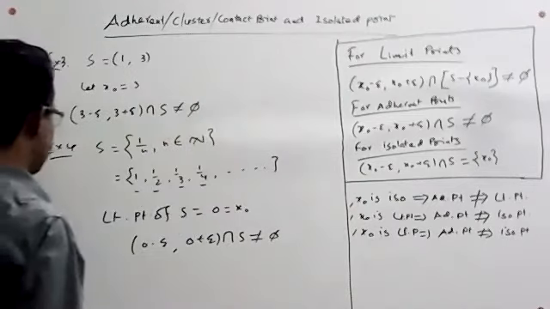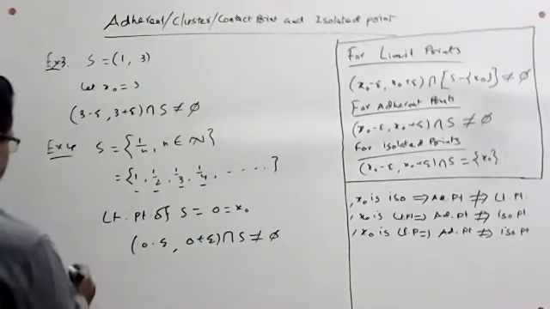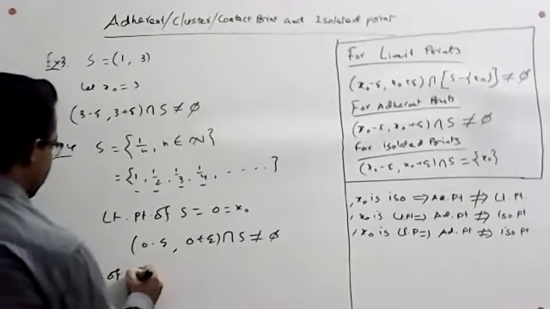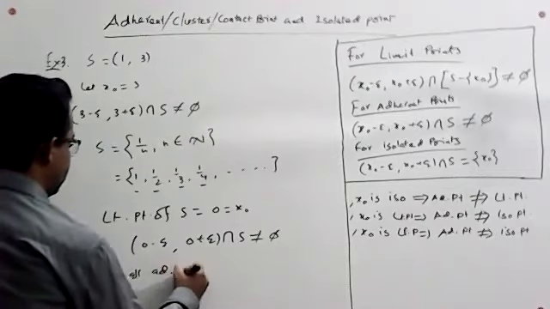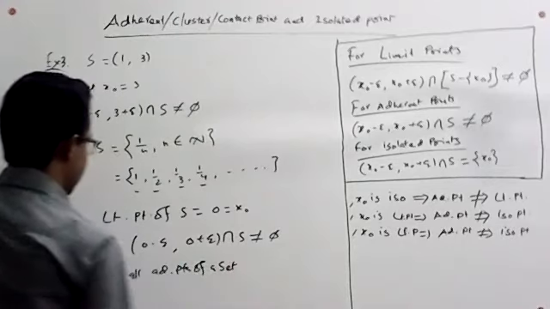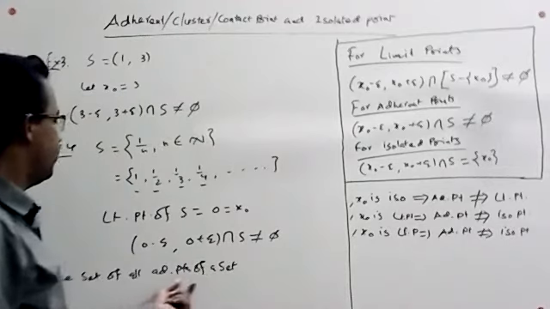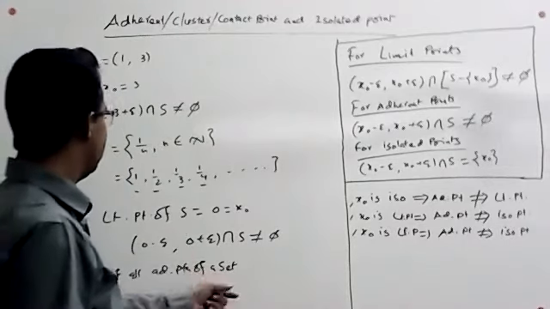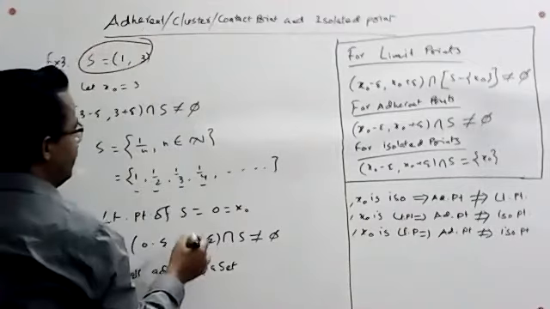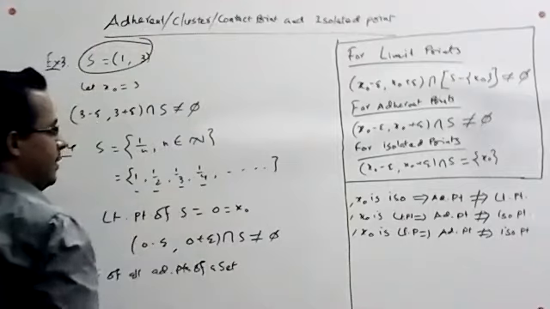From these two examples, we can say that the set of all adherent points of a set is actually itself and the union of limiting points of a set.